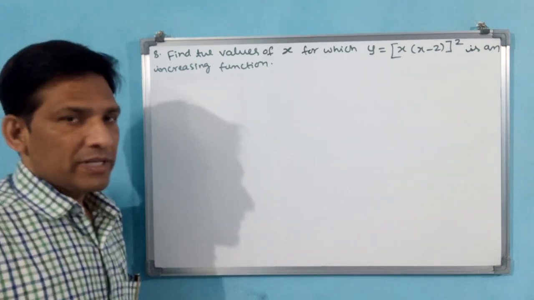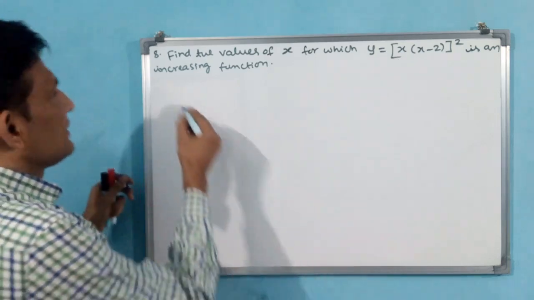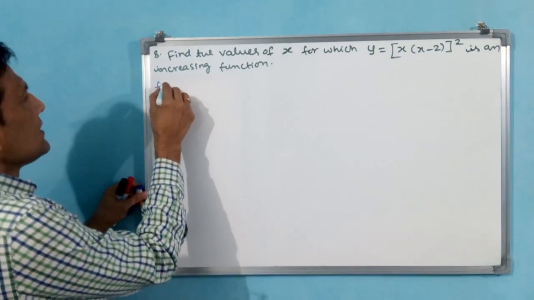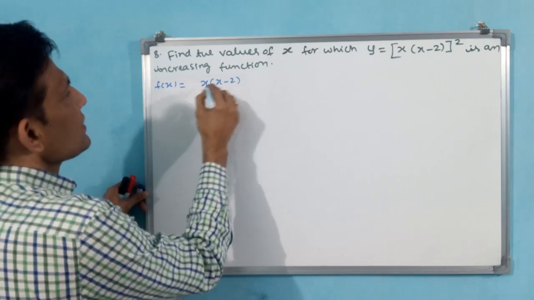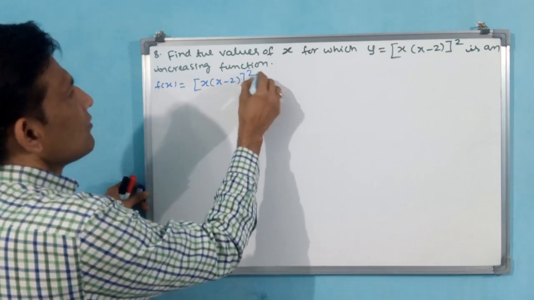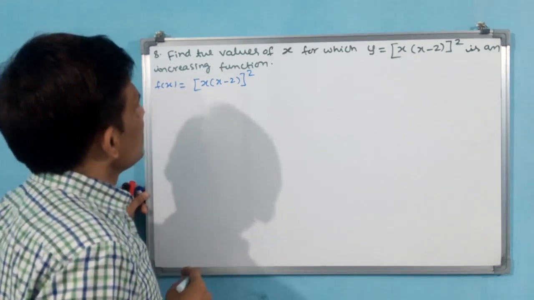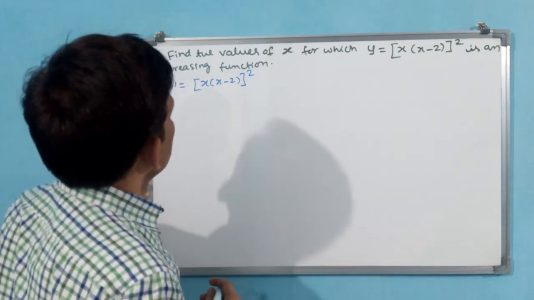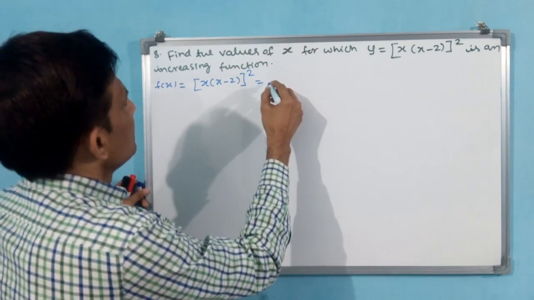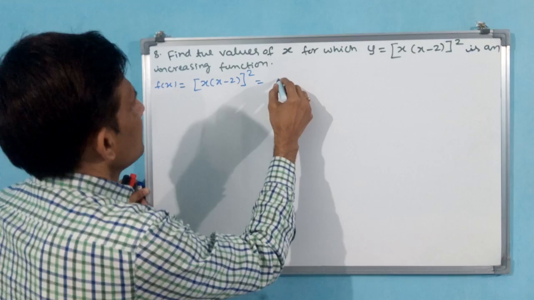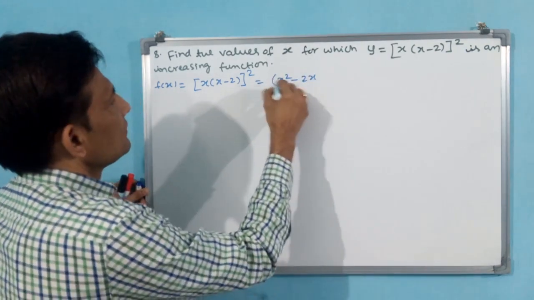Okay. Let us proceed. We know very well. Take this as f of x and find f dash x. Okay. Write down. f of x is equal to x into x minus 2 whole square. What we do? Okay. Write down. See, x square minus 2x whole square.